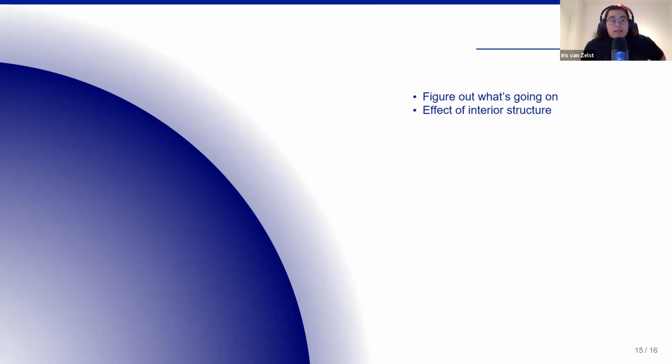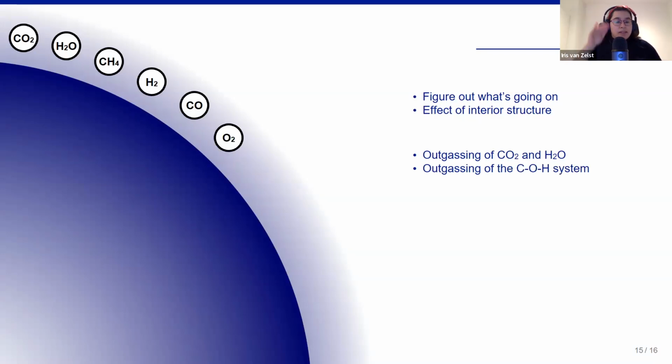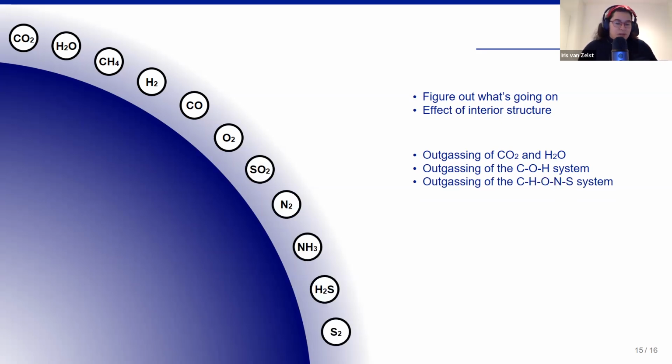At the moment, we are applying it to carbon dioxide and water, but we very much plan to apply it to the entire COH system, so you get all these different species together. And then ideally, we also apply it to the CHONS system. So that is the plan.